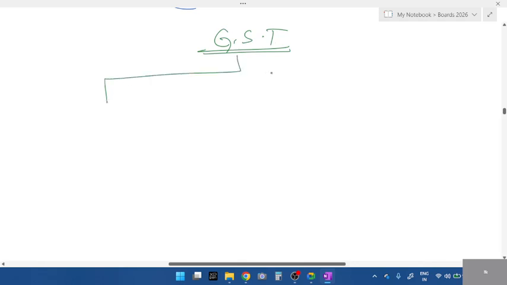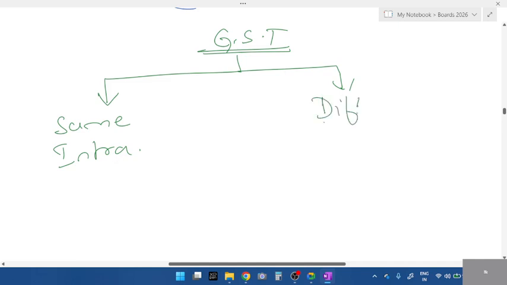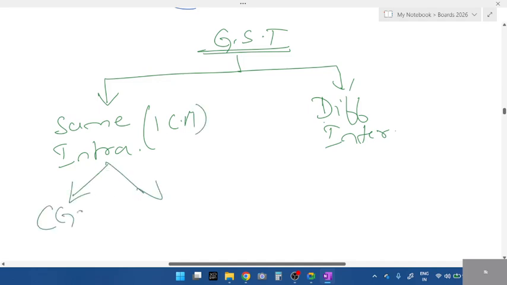In GST, we have intrastate, interstate, all those words you are familiar with. From state to state, what do you call? If it's the same state, what do we call? Intra. If it is a different state, inter. Very good. For the same state, I told you only one chief minister, CM. So GST will get split into how many parts? CGST and SGST.